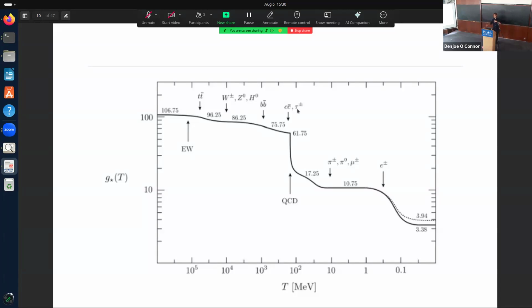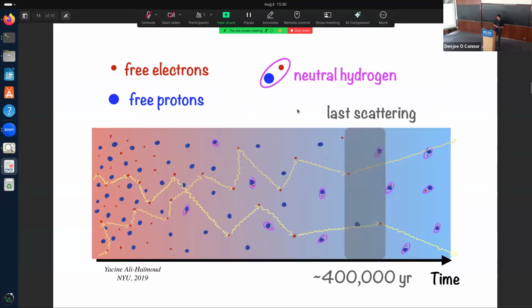As these hydrogen atoms start to form and the photons are not able to interact with them, the photons can now start traveling freely through the universe. Basically, here's a better representation of it. At the beginning, you have all of these protons and electrons scattering the photons around, and as neutral hydrogen starts to form, the photons still scatter a little bit, but lesser so, until at one point, at what's called the time of last scattering, where there's a lot of neutral hydrogen atoms forming, the photons are not able to interact with these hydrogens anymore.